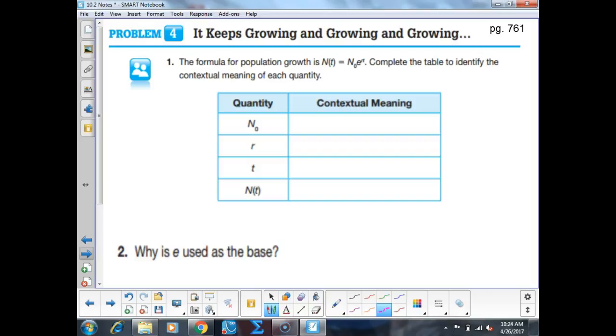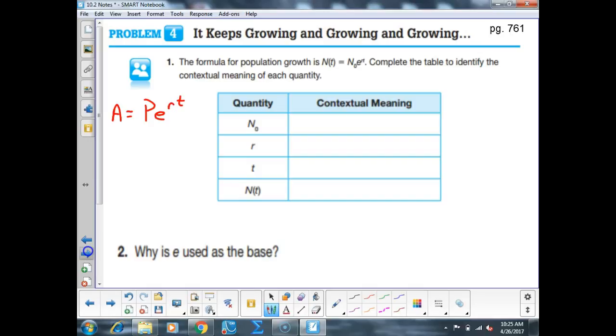So on page 761, we have the formula for population growth. Now, this is the formula that the book gives you, but I hate to break it to you, there's an even easier one that's the same style of it. Instead, we go with A equals PERT.